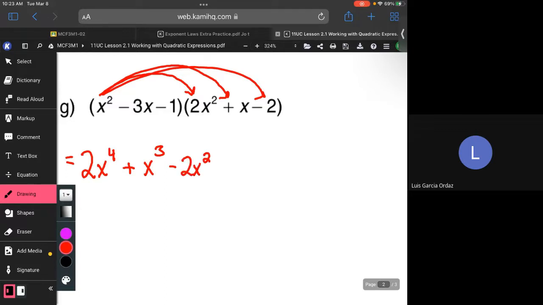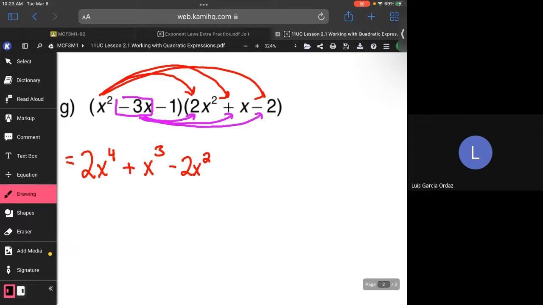Now we're going to go with my next term, which is -3x. I have to multiply it by everything in the second bracket. Can someone tell me what -3x times 2x squared is? -6x cubed. Why is it cubed? Is it because there's an invisible one?